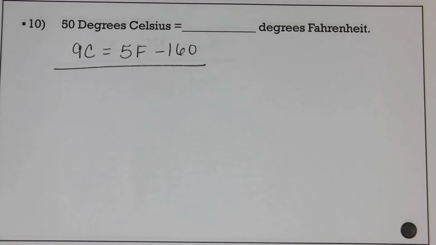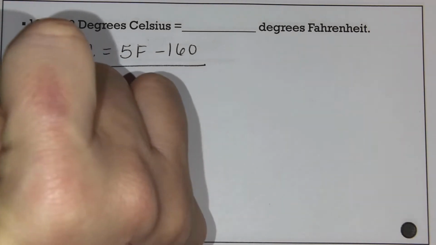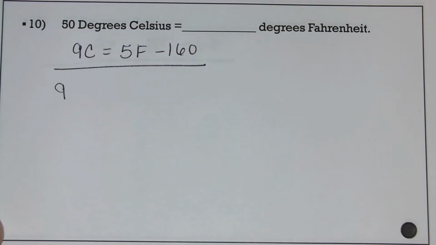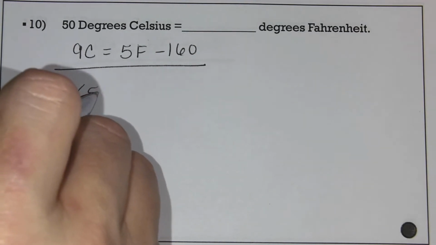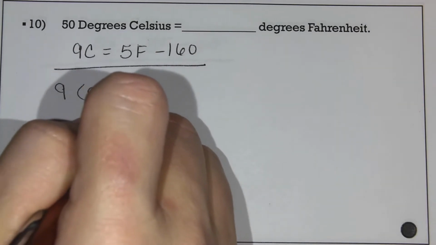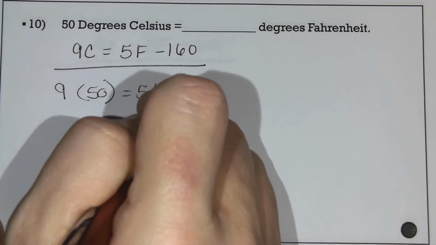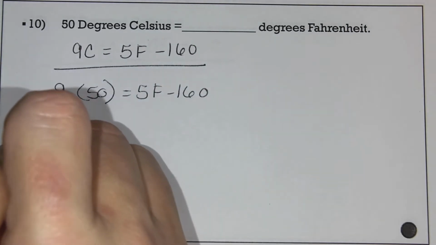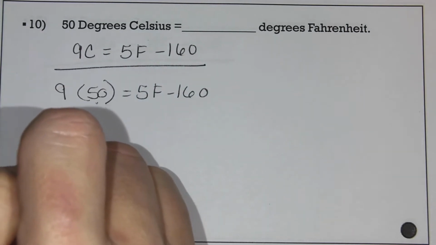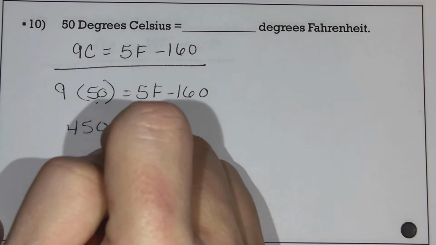Okay, so number 10, you have 9 times 50 equals 5F minus 160. So 9 times 50 is going to be 450. Remember to bring everything down.